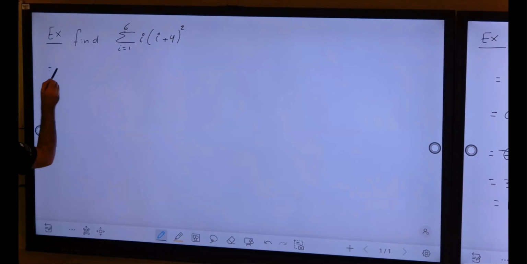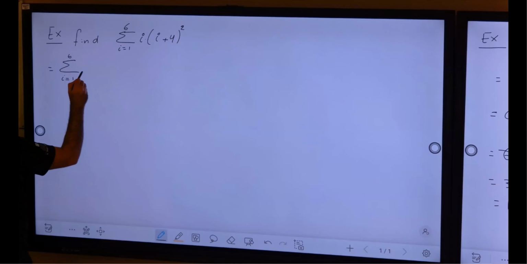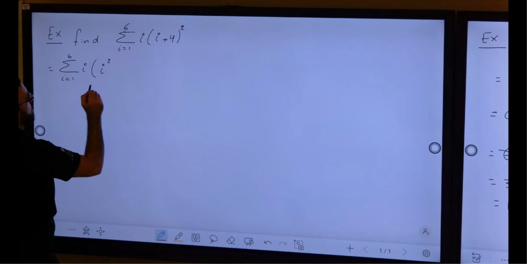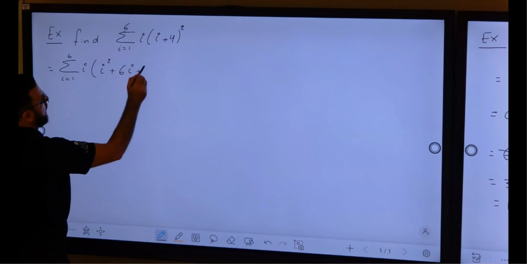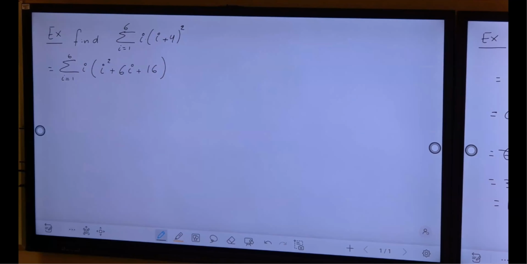So it's equal, we're going to keep the summation from 1 to 6. Here is the i. If I FOIL this one, it's going to be i squared plus 6i plus 16. Yes or no? How did you get 6i? 6 or 4? I got 8i. How do we get 8? It's 2 times 4.